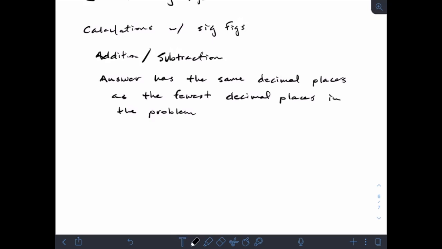All right, so the important thing about addition subtraction is we care about decimal places.